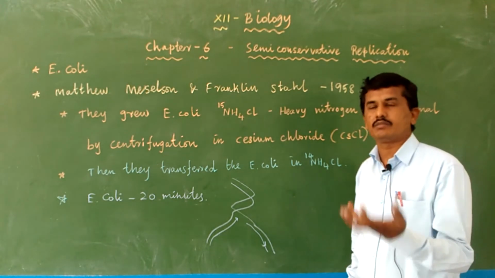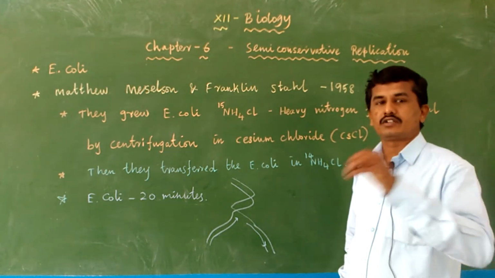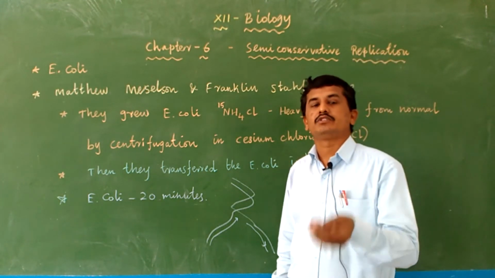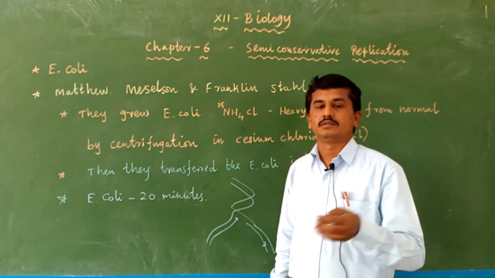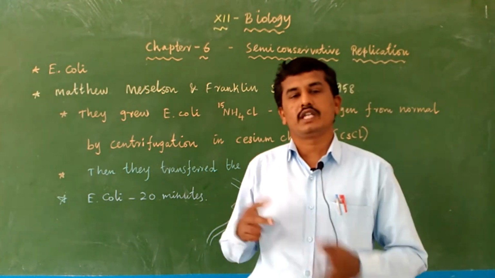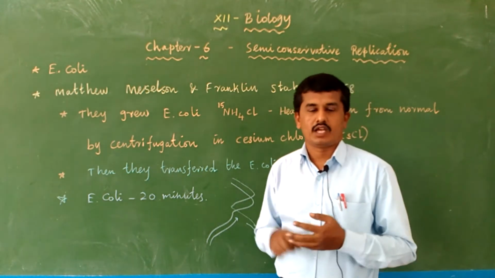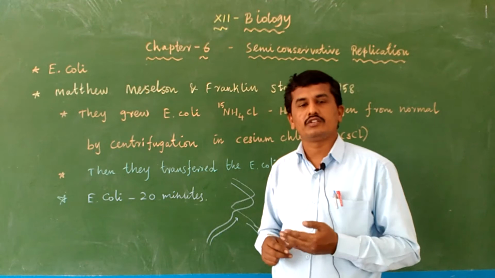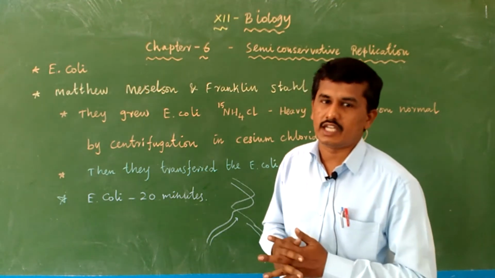Ammonium chloride is a chemical which is added to the nutrient medium for bacterial growth. Then the bacterium absorbs nitrogen from the ammonium chloride. Because DNA, we know, mainly contains nitrogen bases: adenine, thymine, cytosine and guanine.